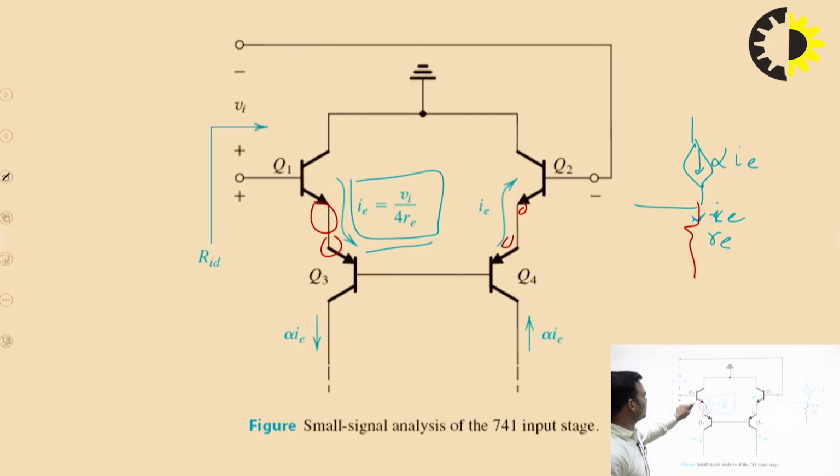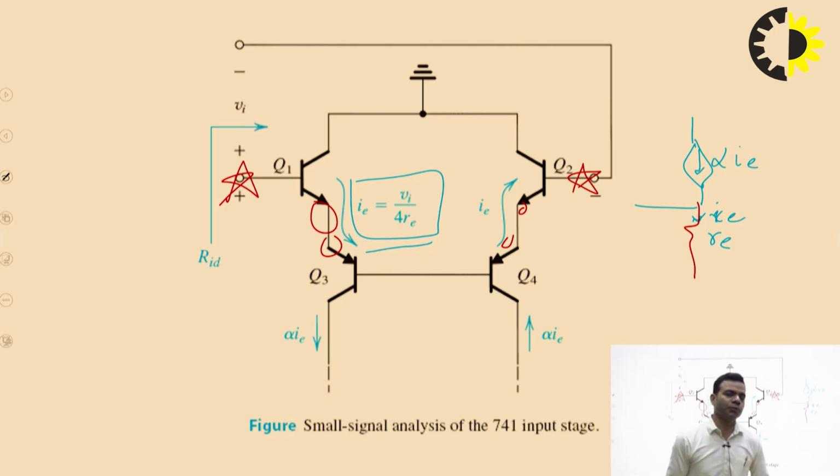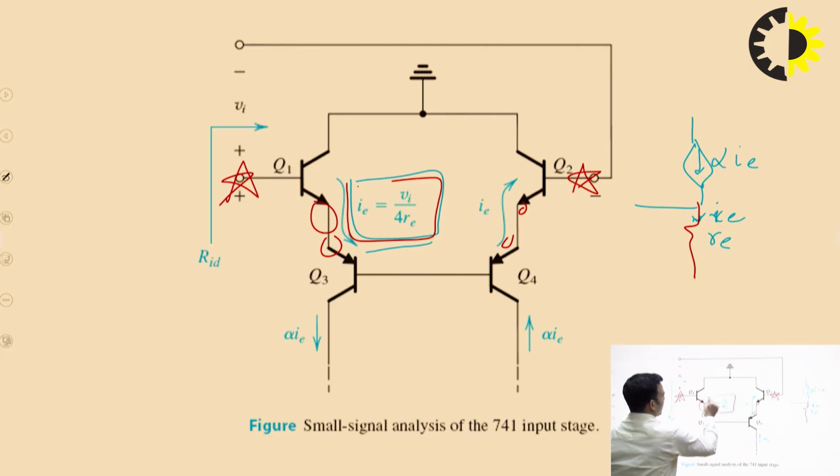So this current will be equal to the voltage which we are applying here, that is Vi, and this is the voltage applied between transistor Q1 and transistor Q2. In the whole circuit of IC 741, if you observe, you have only 2 inputs where you can apply input, that is the base of Q1 and the base of Q2. So this IE is equal to Vi upon 4 Re.